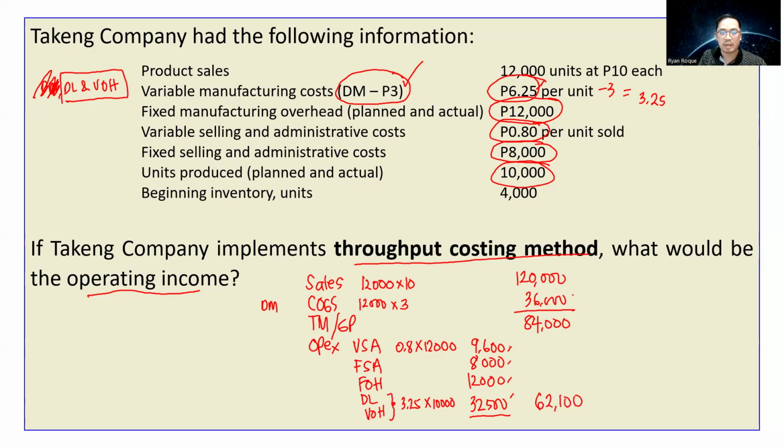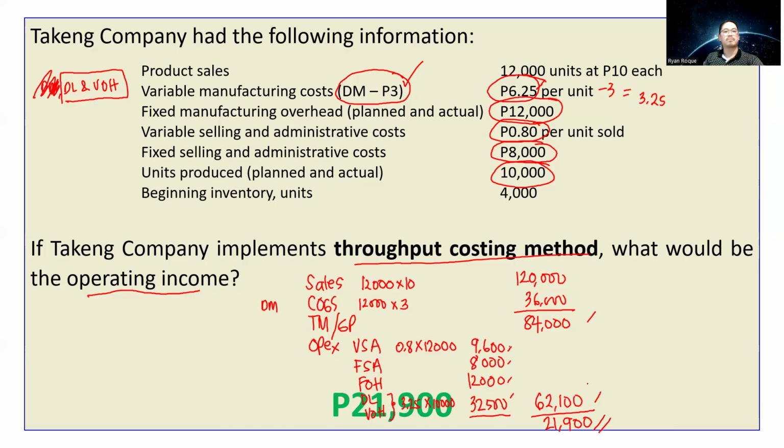So now, since we have here the gross profit and total operating expenses, we just have to deduct the total OPEX from the gross profit. So we will arrive with the amount of 21,900. So that's the operating income under the throughput costing method.